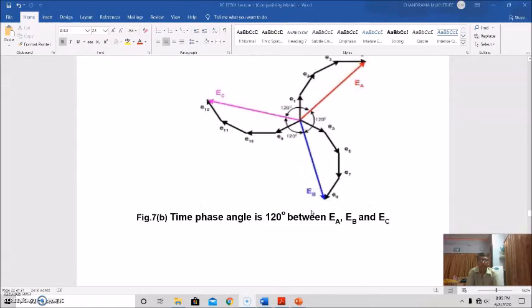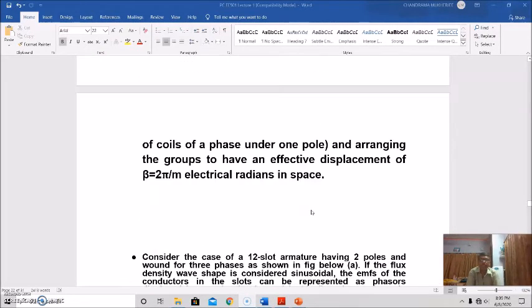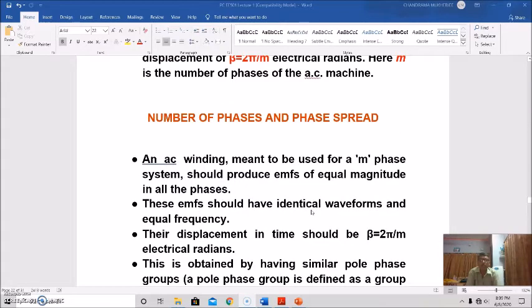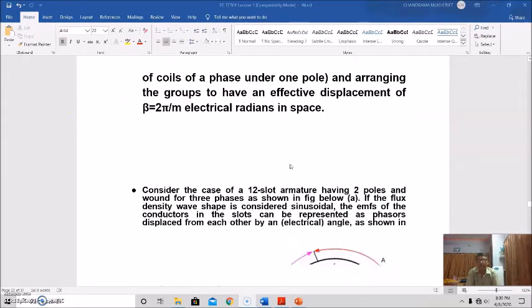That will clear your idea about phases and phase spread, and you must be guided to draw this with the essential polyphase winding terminology.